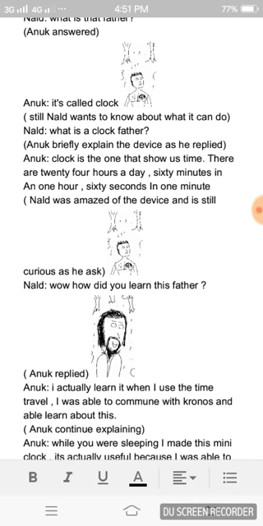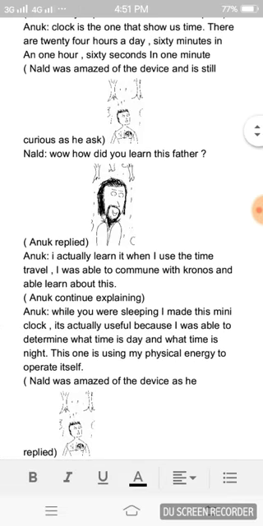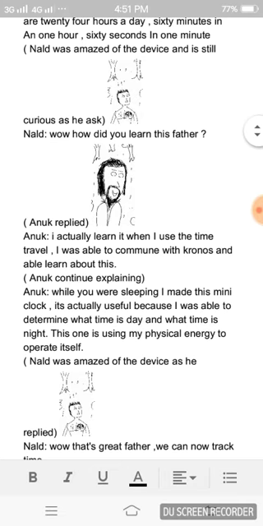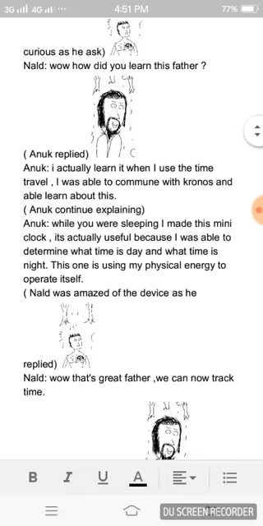Nald was amazed at the device and still curious as he asked, "Wow, how did you learn this, father?" Anuak replied, "Actually, I learned it when I used the time travel. I was able to commune with Kronos and learn about this. While you were sleeping, I made this mini clock.